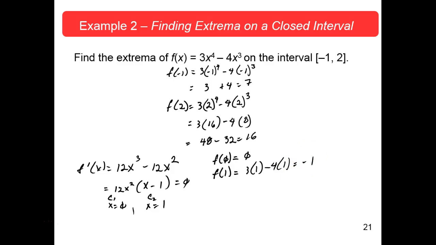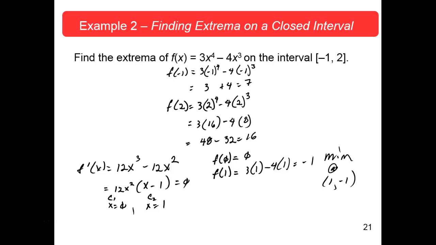Okay. Now, which of these is your minimum value? Your f at 1, whose value is minus 1, that's your minimum value. So minimum at 1 minus 1. Your minimum y value is minus 1.